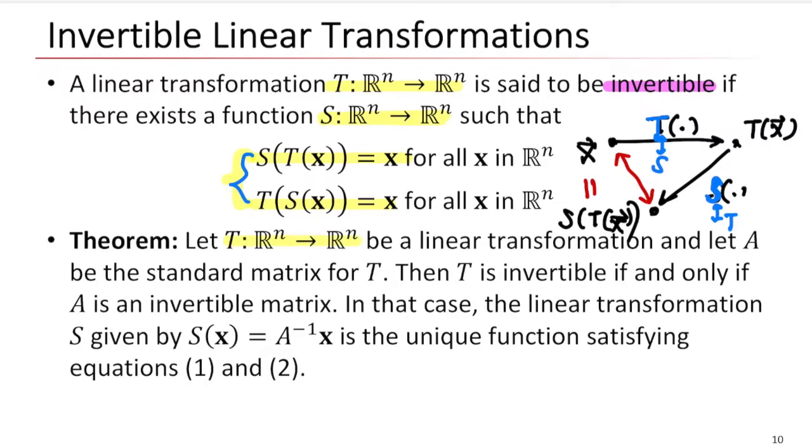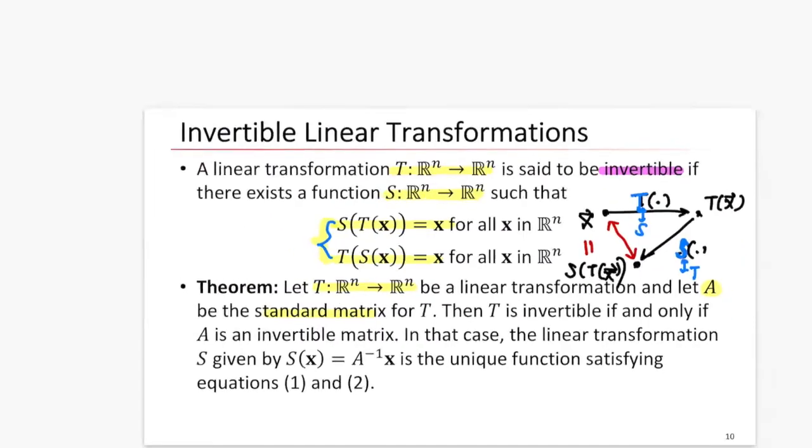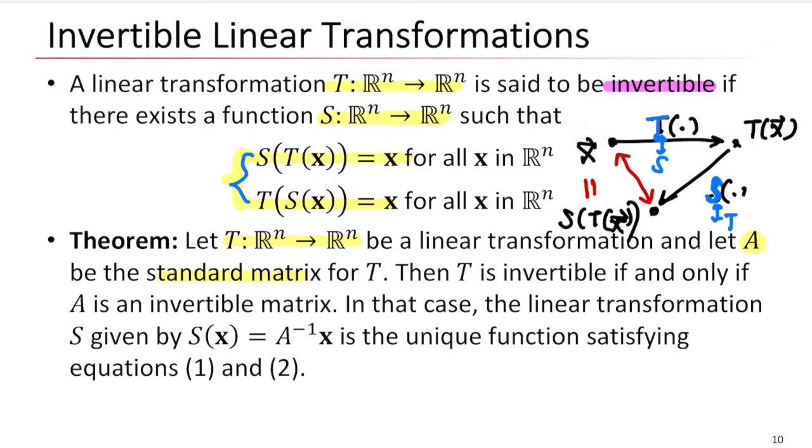So it means that the transformation from R^n to R^n is a linear transformation, and matrix A is its standard matrix. The standard matrix is just the matrix form of this transformation, right? Then transformation T is invertible if and only if A is an invertible matrix.